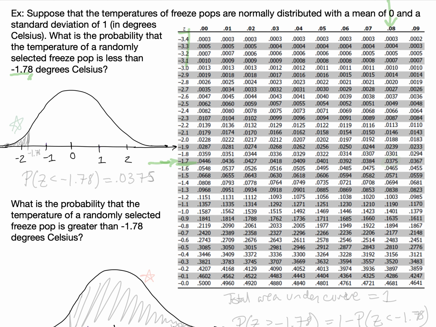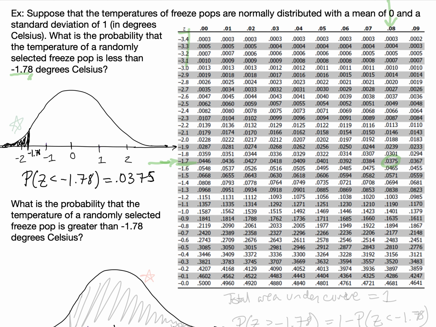And we see where they match up, and they match up at 0.0375. So our probability that z is less than negative 1.78 is 0.0375. And that is our probability. Again, that corresponds to the probability under the curve below negative 1.78, so it corresponds to this shaded region under the curve.